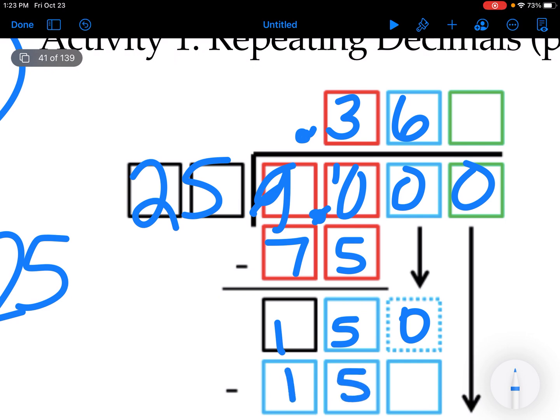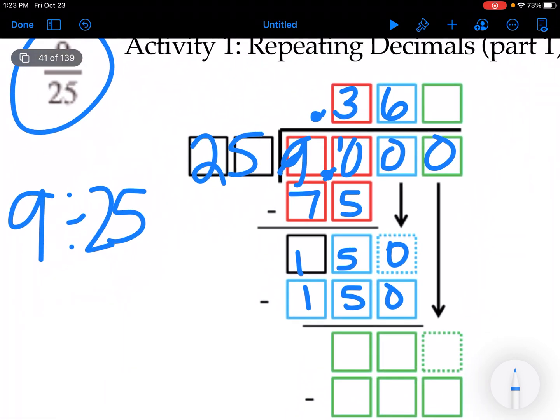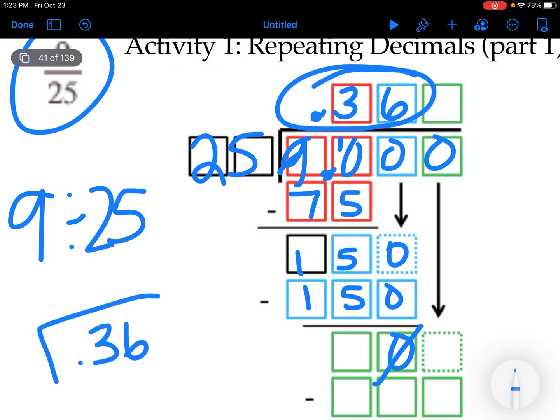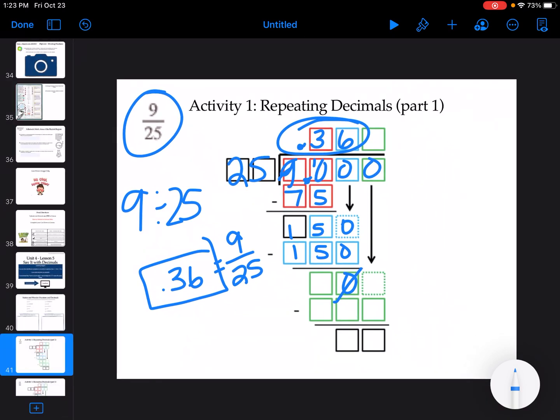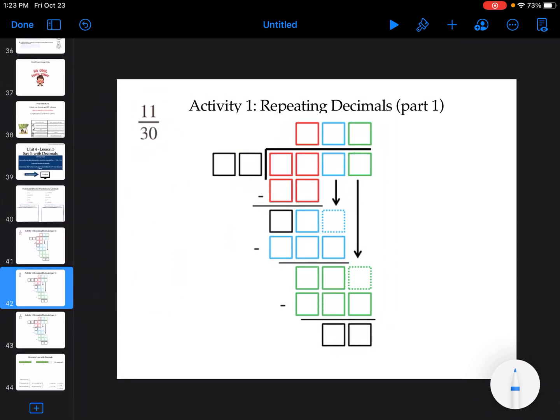So I get 150 and then I get 0. So I stop dead. I don't keep going. So once I get 0, my answer is 0.36. So 9/25 is equal to 36 hundredths as a decimal.